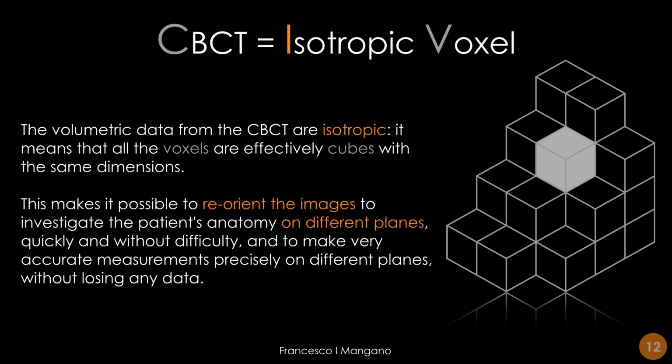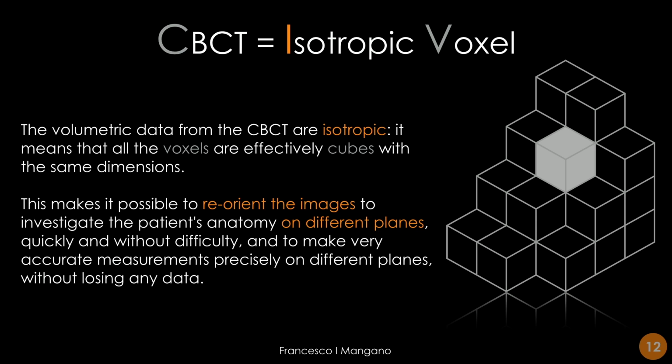It means that all the voxels are effectively cubes with the same dimensions. So it is possible to reorient the images and to investigate the patient's anatomy on different planes. This is a great advantage, and the software can reconstruct different multiplanar reconstructions without any issue, without losing any data, without problems.